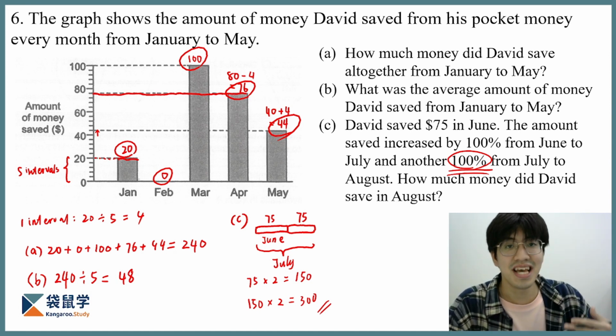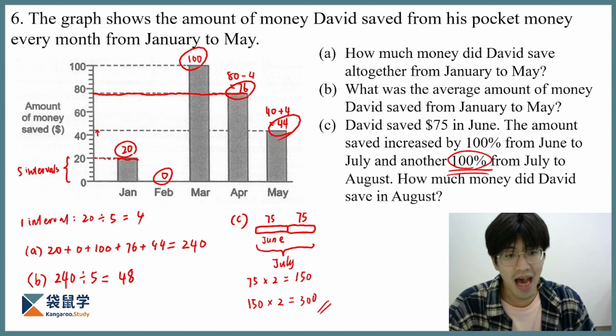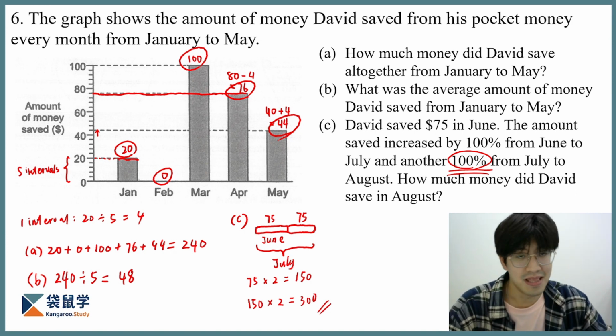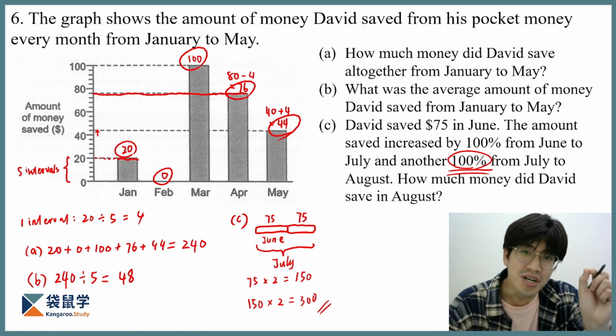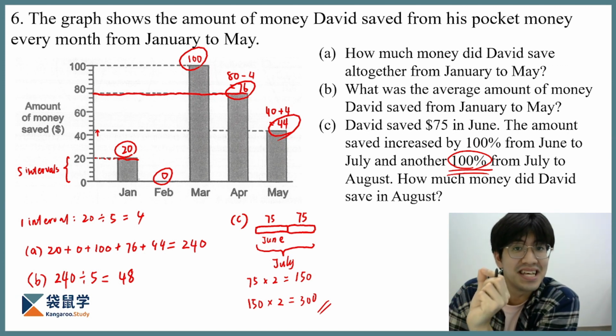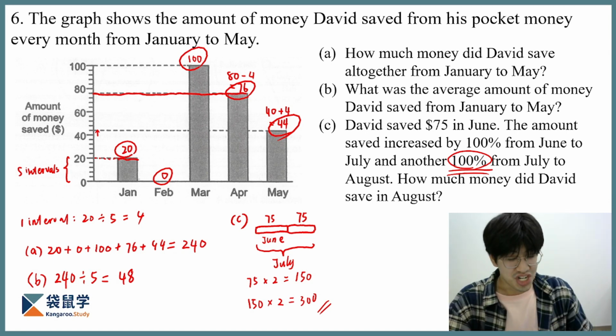And then you're going to see how you can apply them in the questions. And then another thing that we learn is that whenever you see that there's a percentage, make sure you check what is the total amount that it is referring to. Don't make careless mistakes like this. Okay? So that's question 6.